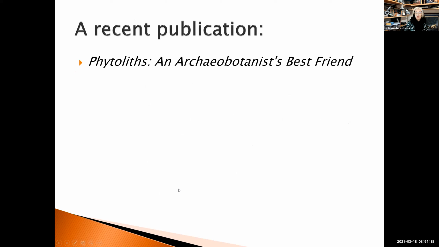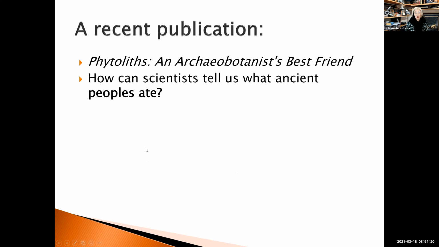We did look at that phytoliths are an important modern type of specialty for the floral analysis specialists for archaeology, and that there's even a modern book, an archaeobotanist's best friend.